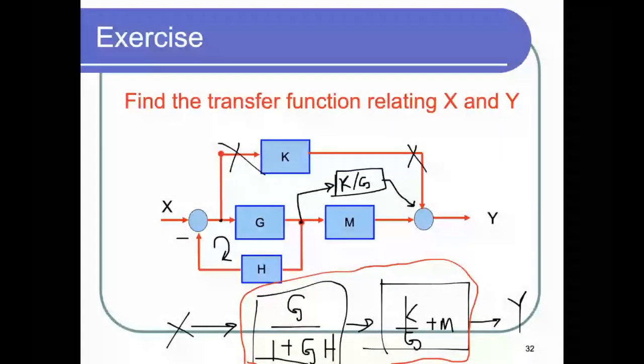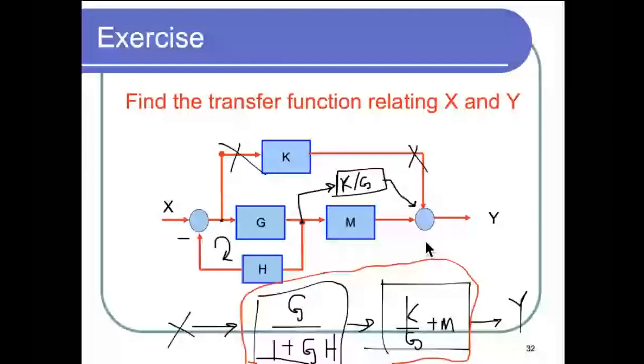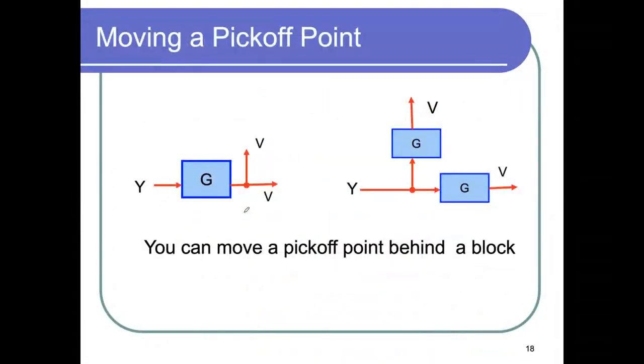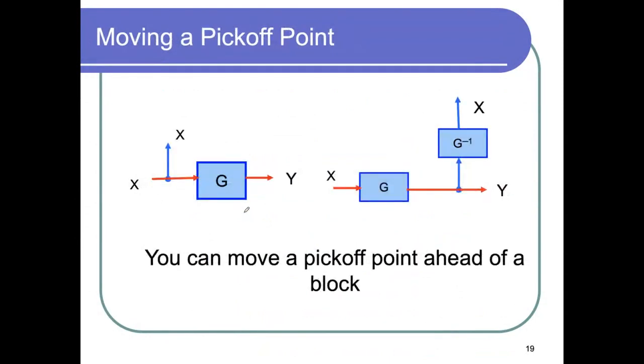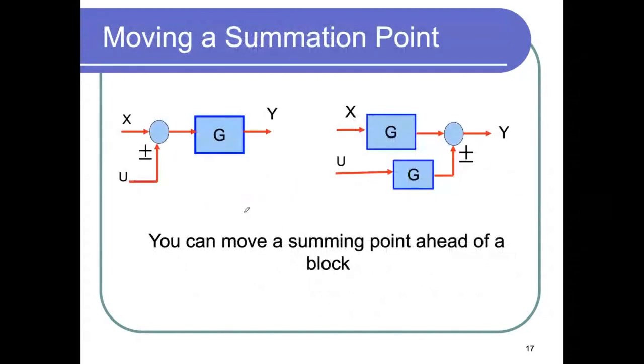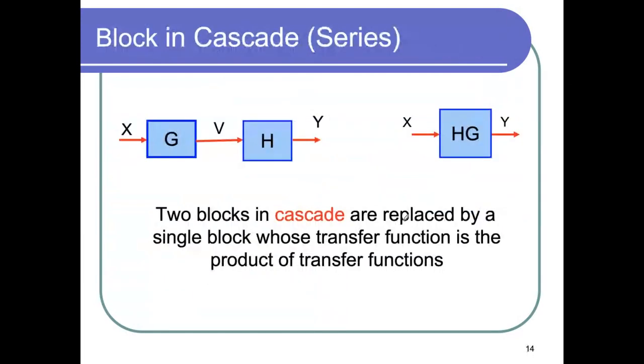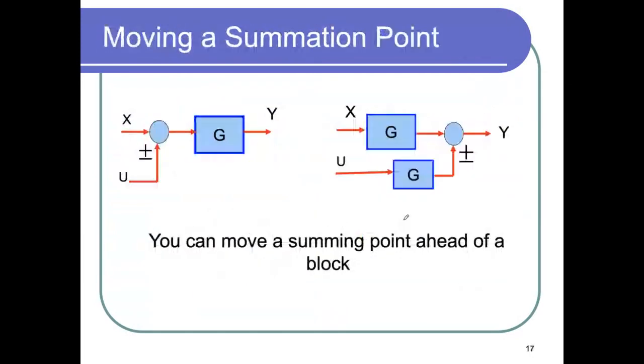Then we can deal with this feedback, and then we can do this parallel combination and cascade them, and we will get the result. So you deal with this feedback, and you will have G over 1 plus GH. This is what the system will look like.